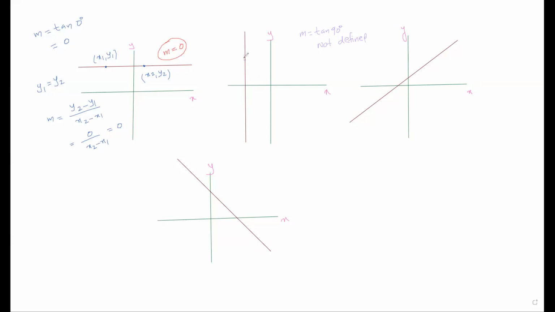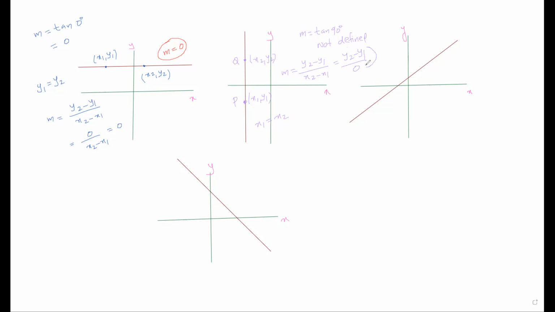In other words, if you take 2 points, say P and Q, the first point x1 y1 and the second point x2 y2, when you find the slope, y2 minus y1 divided by x2 minus x1, here x1 is equal to x2, the x coordinate is the same. So you get y2 minus y1 divided by 0.